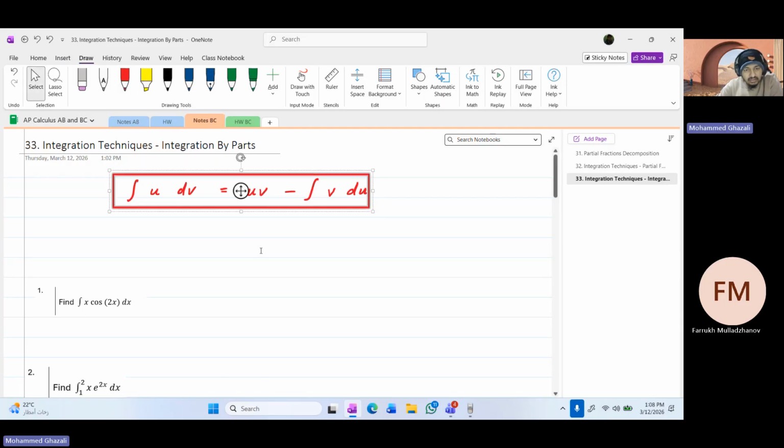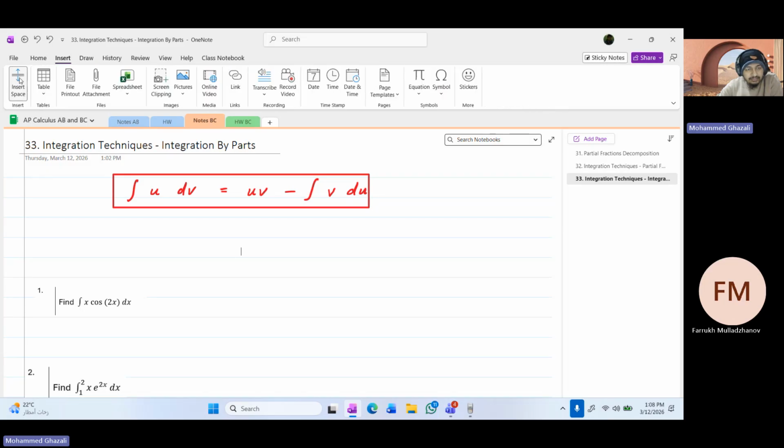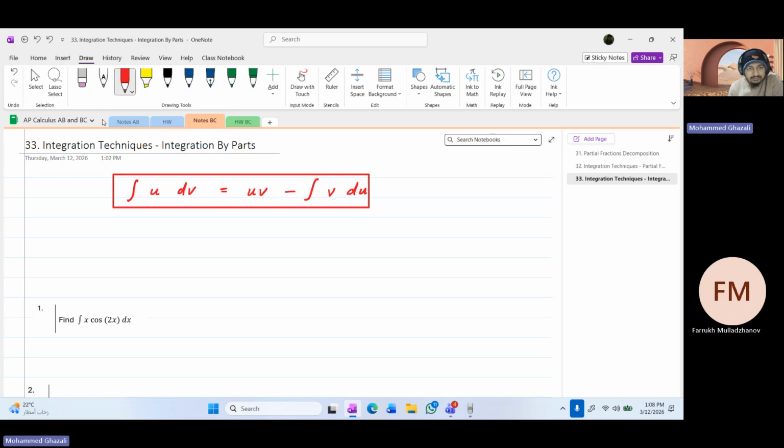Now we're going to apply this formula in different forms. How do you look at the forms? What are the forms of integration by parts when we have mixed forms?